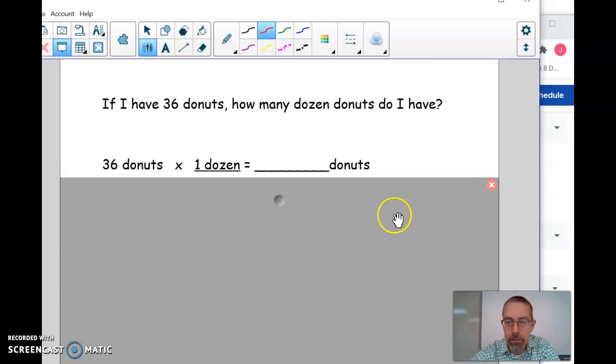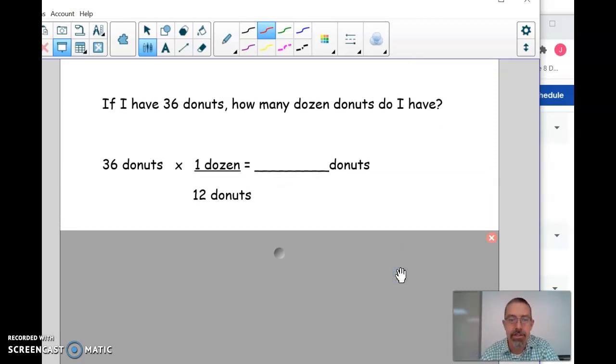The way that you do this is you set up what's called dimensional analysis. You start with whatever your first unit is, and then you multiply it by 1. 1 dozen over 12 donuts is 1. If you multiply anything by 1, you're going to get the same number. But all we're trying to do is change units.